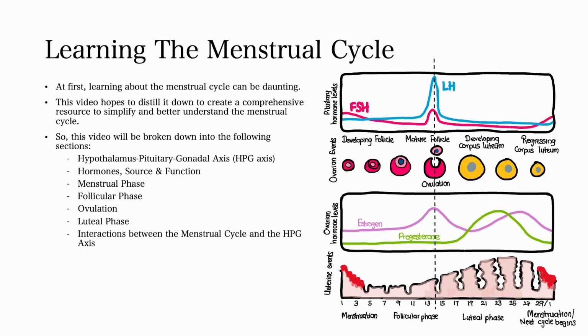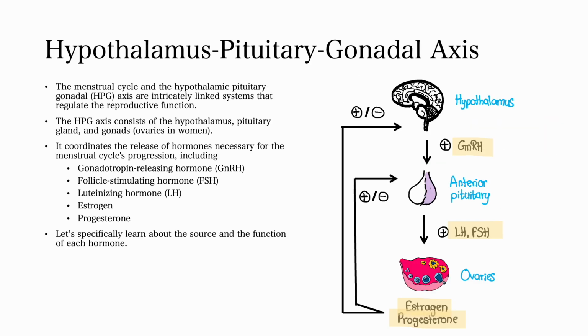So, this video will be broken down into the following sections: hypothalamus, pituitary, and gonadal axis, which is also called the HPG axis, hormones, source and function, menstrual phase, follicular phase, ovulation, luteal phase, and the interaction between the menstrual cycle and the HPG axis. Several points will be reiterated through this video under each section in order to help you understand it better.